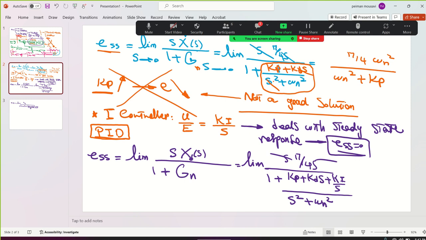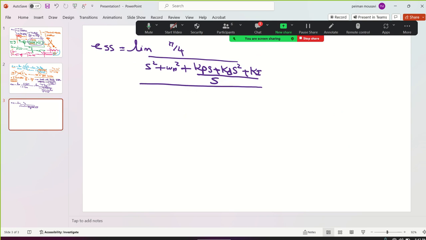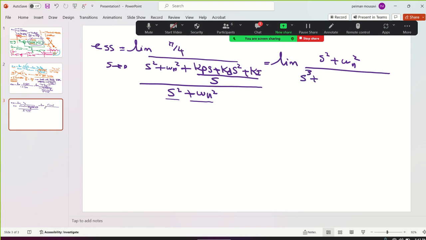See here? This part, and this divided by s squared plus omega n squared. This goes to the denominator when s goes to 0. This goes to the numerator, so we're going to have s squared plus omega n squared divided by, now this s, cube plus s omega n squared plus Kp s plus Kd s squared.